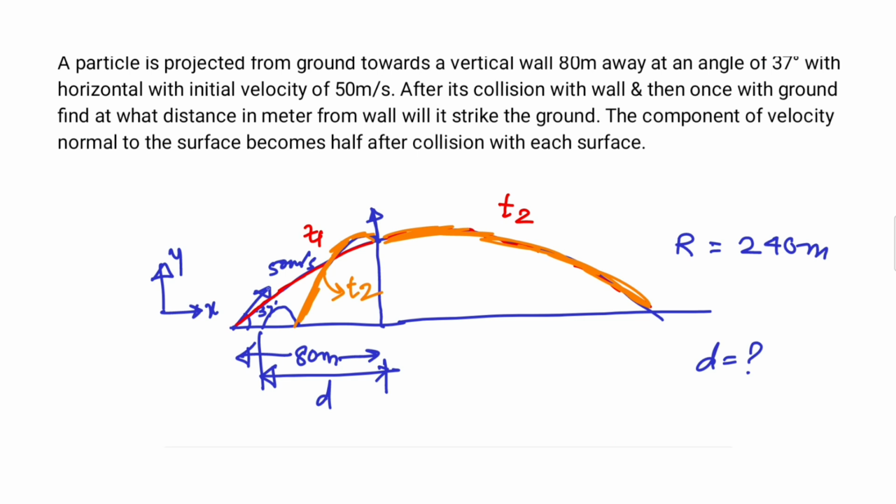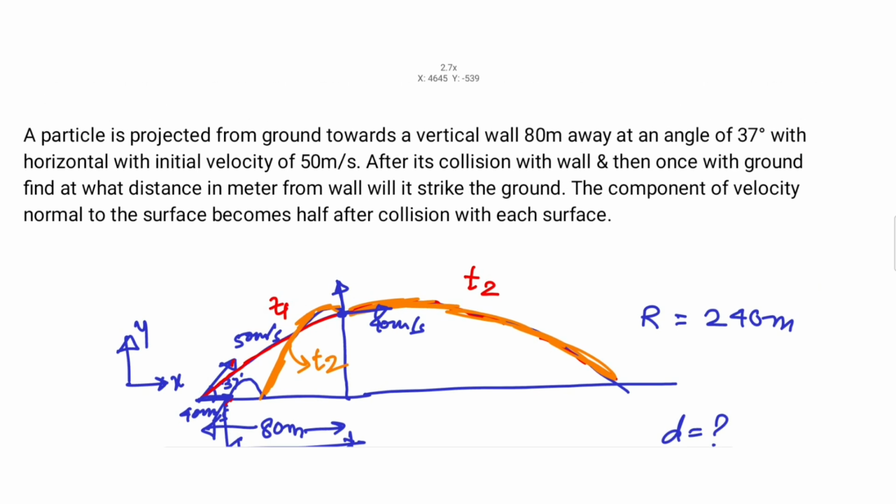Now see what is the component of velocity along the x-axis. It will be 40 meter per second, since cos 37 degrees is 4 by 5. Before collision, the velocity was 40 meter per second. What will be the velocity after collision? It is written that the component of velocity normal to the surface becomes half after each collision, so the coefficient of restitution is half.